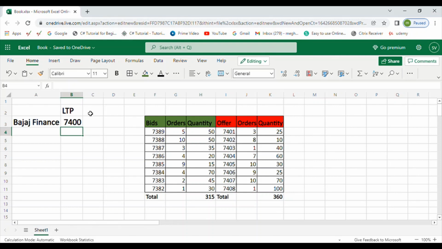Now that price is treated as the last traded price. In this case, lastly, the Bajaj Finance share got exchanged between seller and buyer at a share price of 7,400. So it is showing 7,400 under the last traded price column.